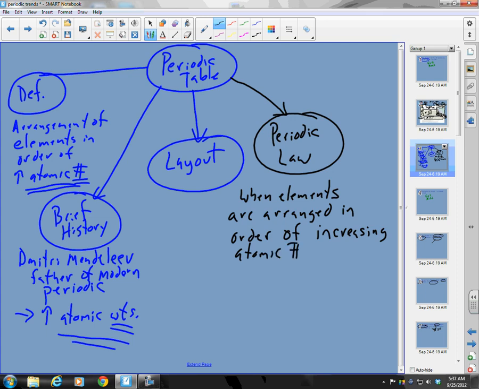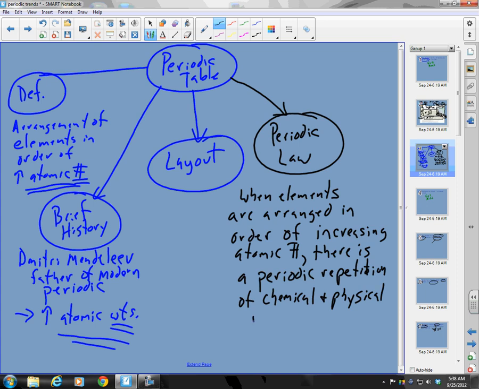When elements are arranged in order of increasing atomic number, there is a periodic repetition of chemical and physical properties.